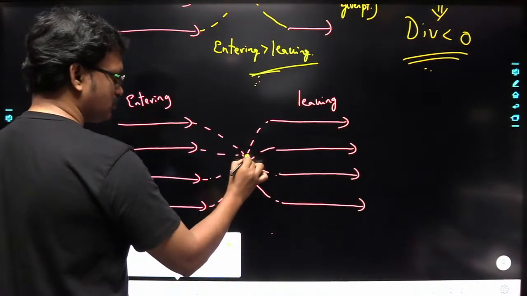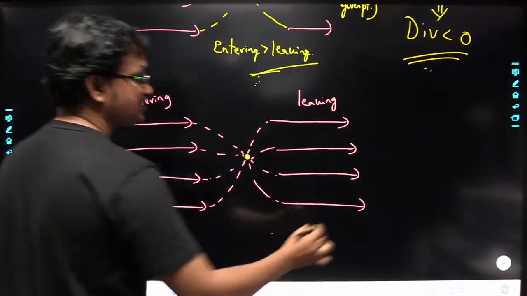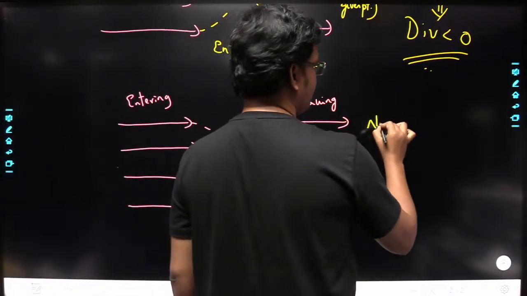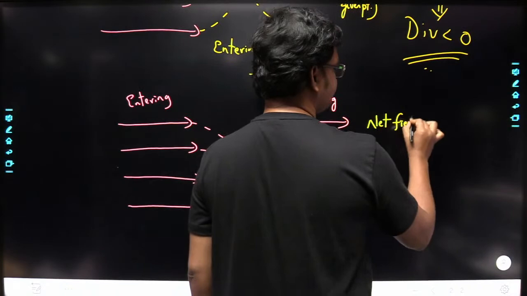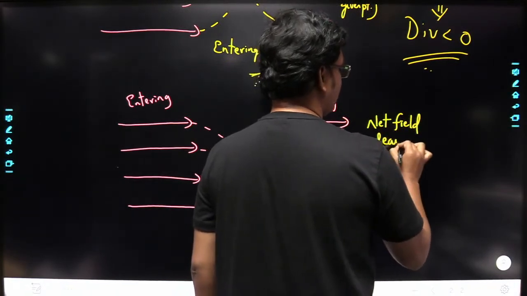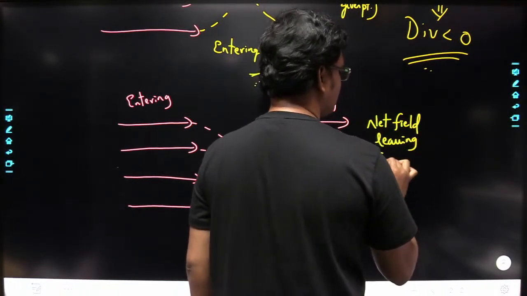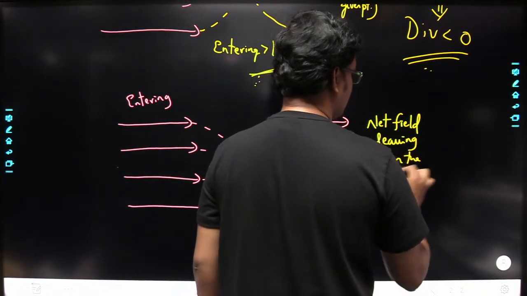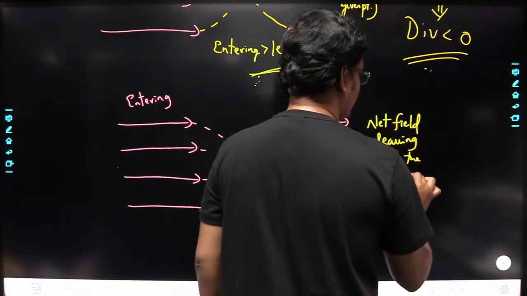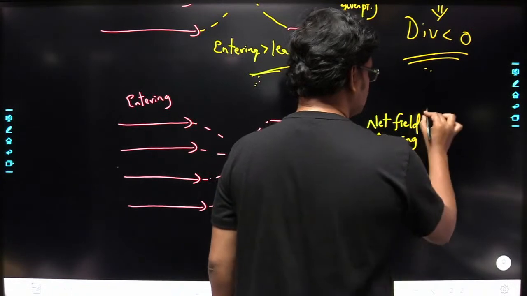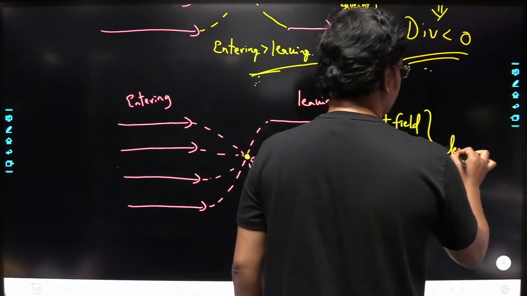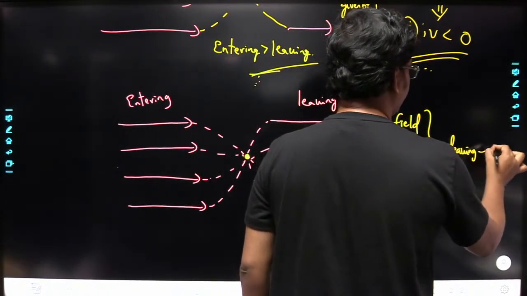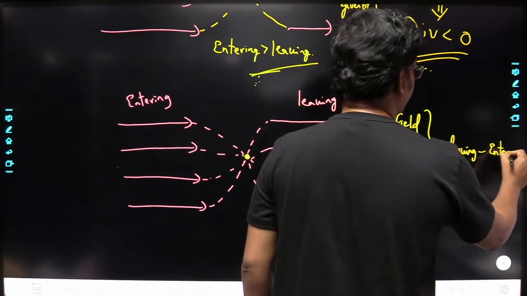Okay. So here in this case, the net field leaving from the given point is equal to leaving field minus entering field.